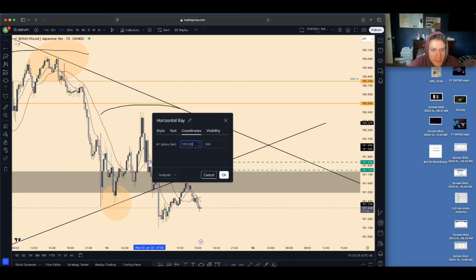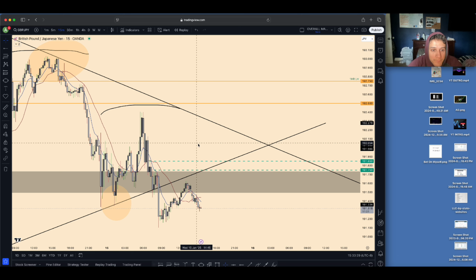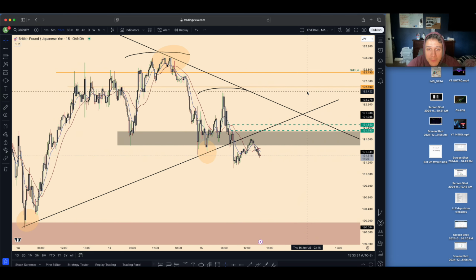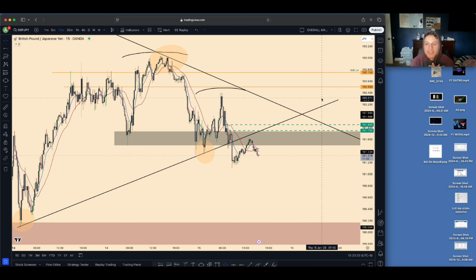I kind of like this area a lot better, so I'll do 850. So as long as price maintains below 191.900, maybe 192 at most, then I will be looking for sales.